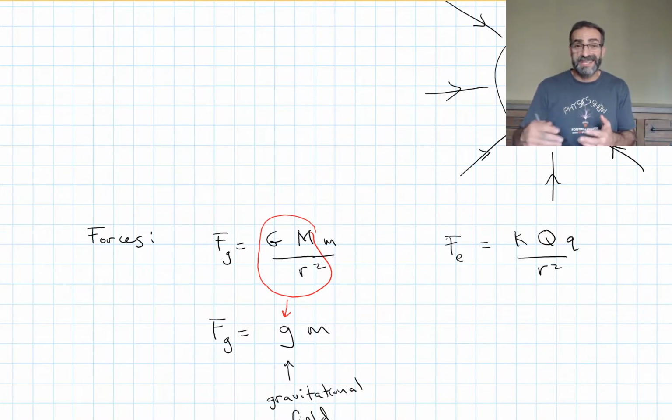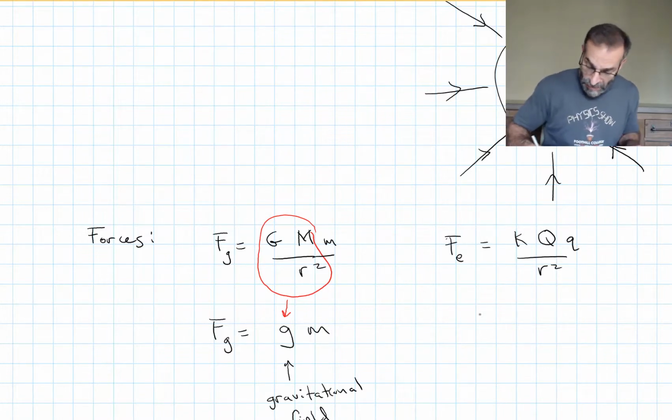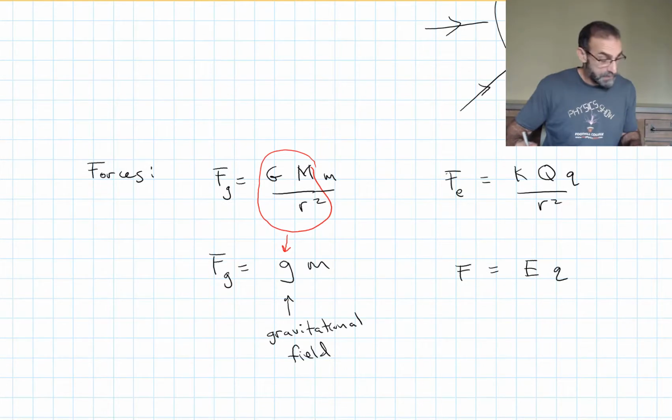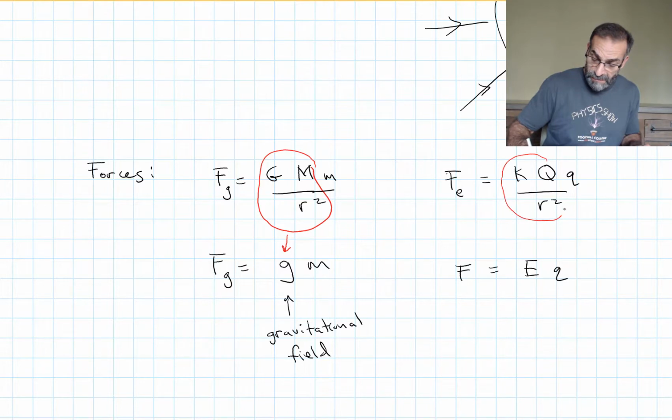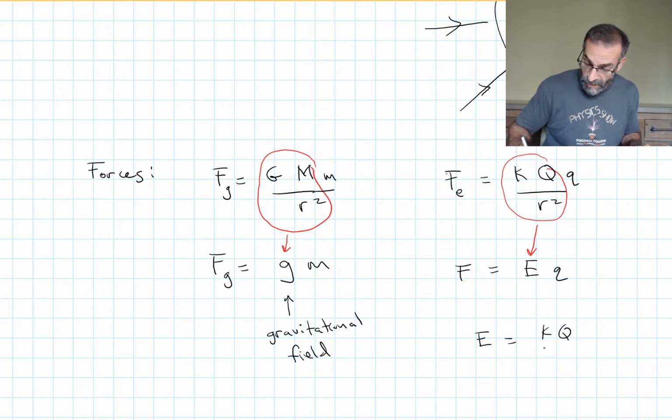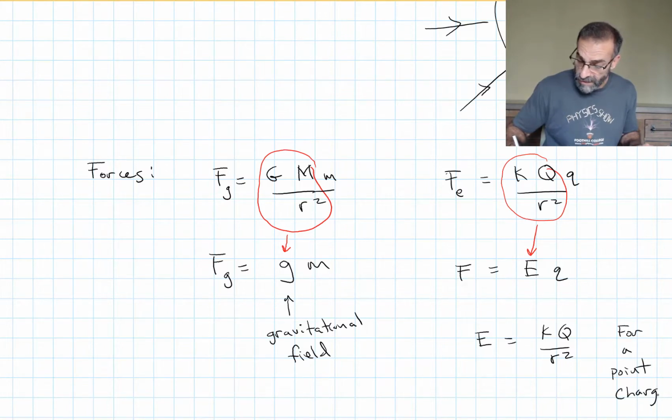If the only thing that's changing is my lowercase q, I don't want to have to calculate this every time. So I want to do the same thing I did with gravity. I want to say the force is going to be equal to some electric field times the charge that I'm putting there. And how do I find the electric field for a point charge? The electric field is K Q over r squared. That's for a point charge.